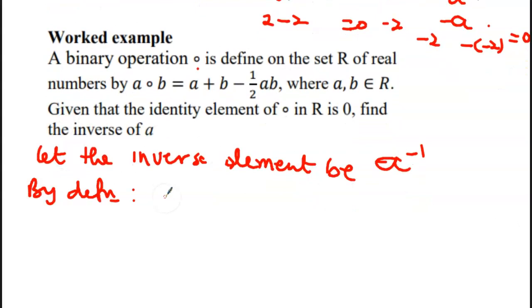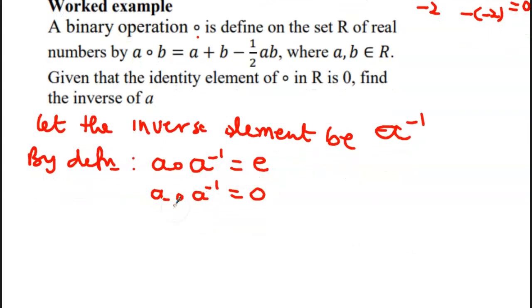By definition, A star A inverse is equal to the identity element. In this case, A star A inverse is equal to 0. We were given that. So what is A star A inverse? You put it in the function, which implies that A plus A inverse minus 1 on 2, the element in the A inverse, should give us 0.